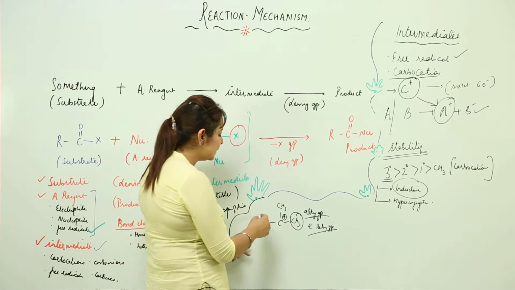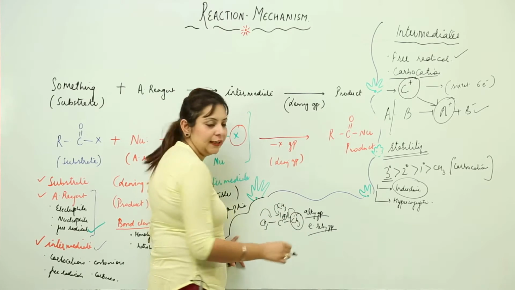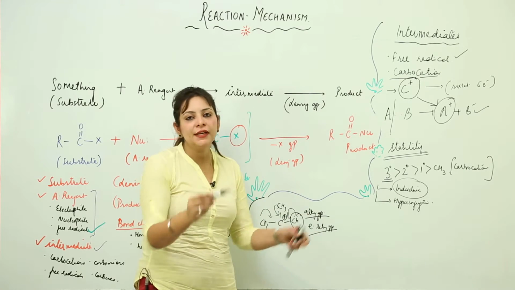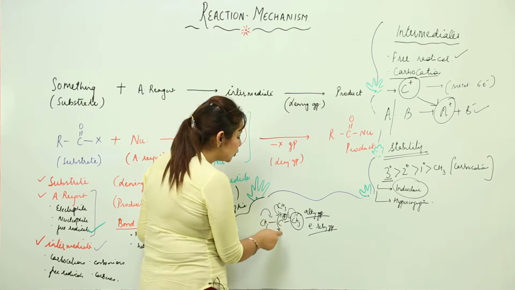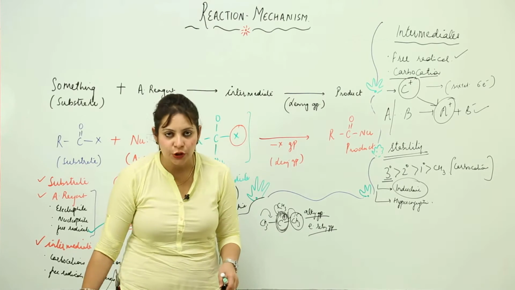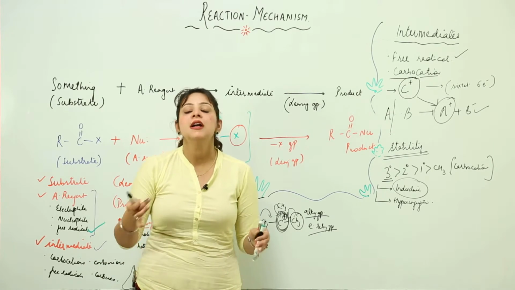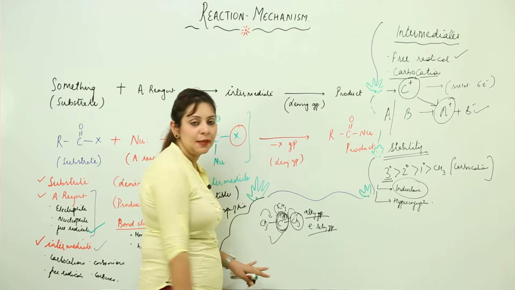So this alkyl group can release an electron, this can release an electron, this can release an electron. More alkyl groups means more release of electrons. More release of electrons means some magnitude of the positive charge will get neutralized, or you can say there will be more dispersal of charge, and that is why it corresponds to stability.